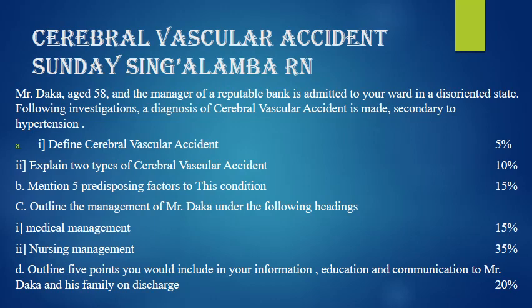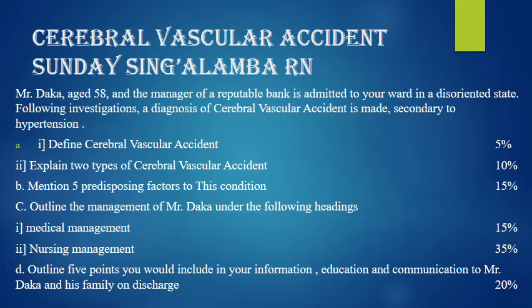Then the following question was asking us to explain two types of what? Cerebral vascular accident. Yes, it was asking us for the two types of cerebral vascular accident. So what are those? Stroke is classified in two categories. We have ischemic stroke and we also have what?